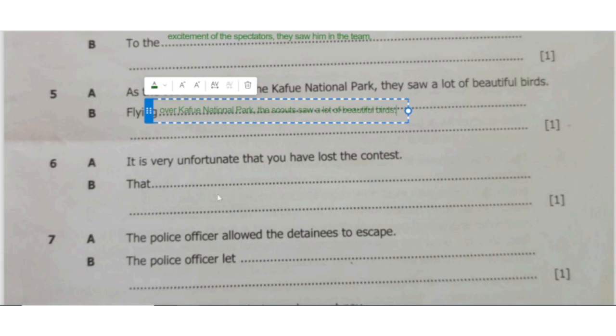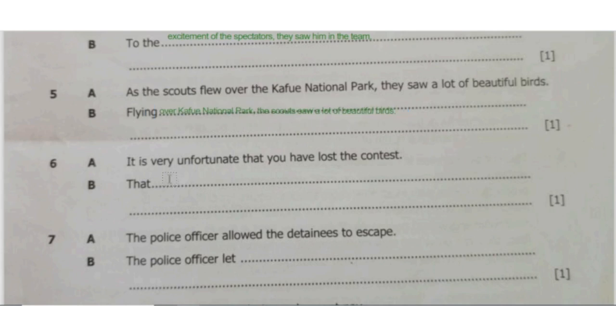Okay, so we come to question number 6, which is, it is very unfortunate that you have lost the contest. So we start with that.